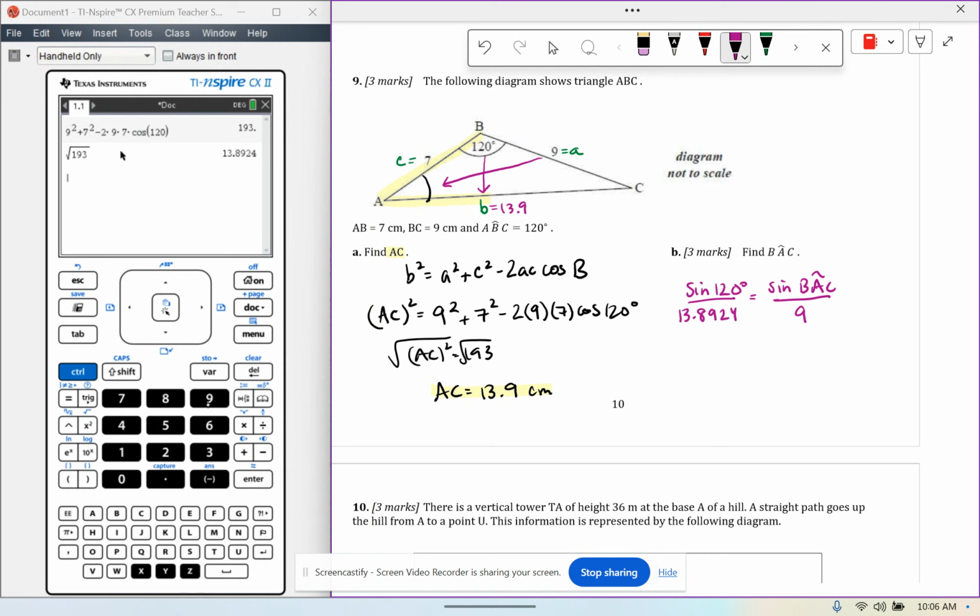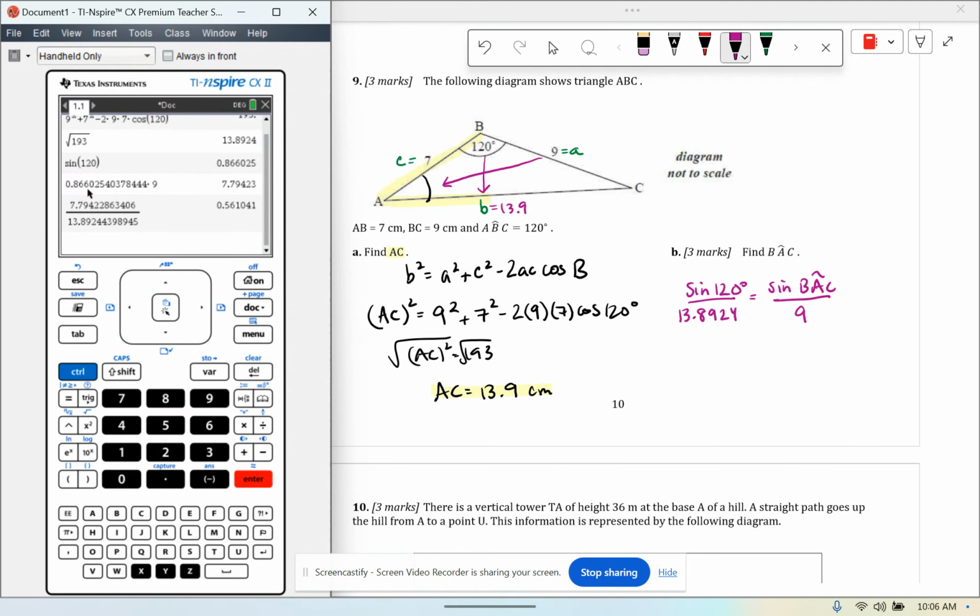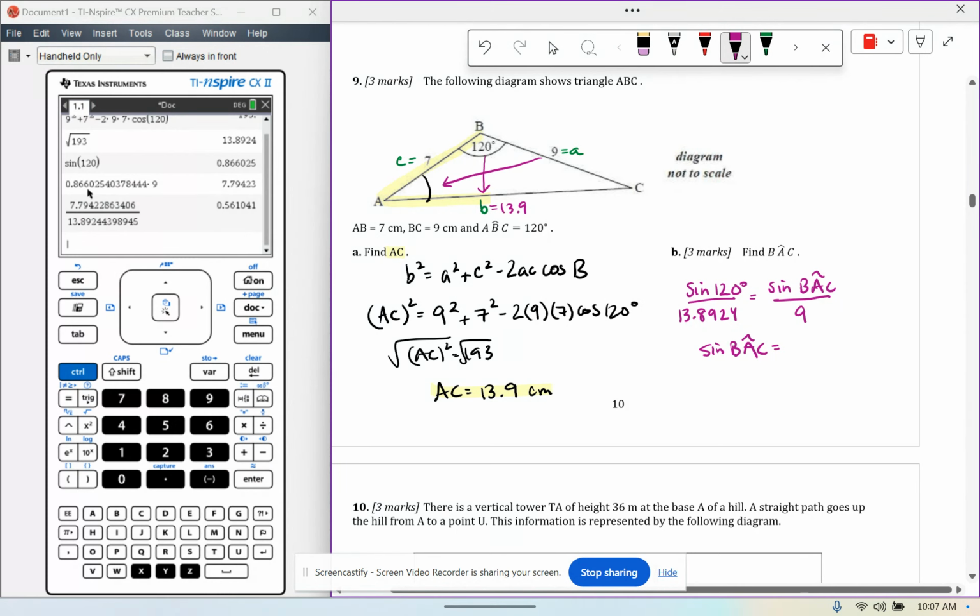So now I would just have the sine of 120 times 9 divided by this guy.